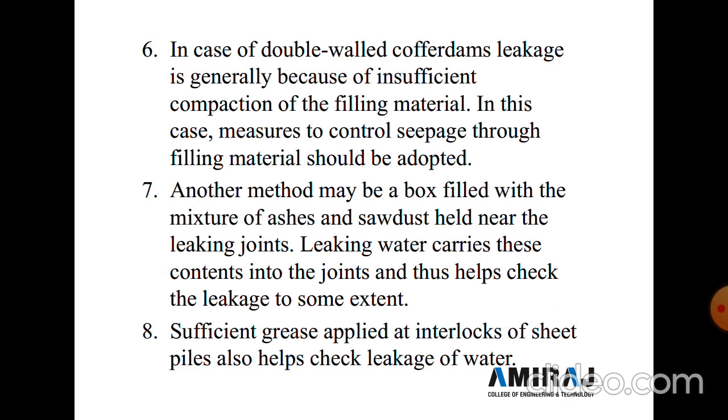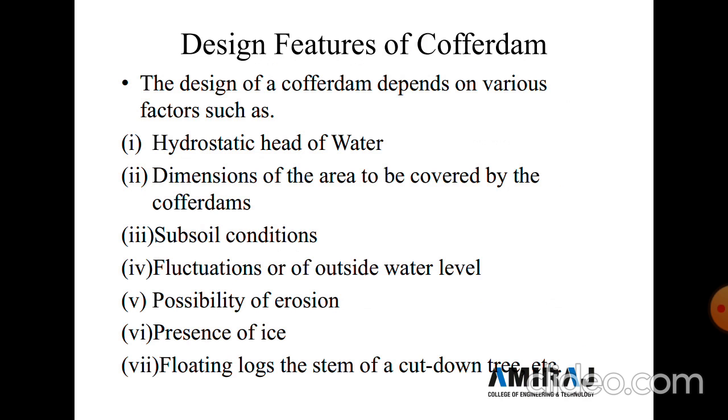Another method may be a box filled with a mixture of acids and sodas held near the leakage joint, and the leaking water carries the content into the joint and thus helps check the leakage to some extent. And sufficient grease applied at the interlocks of sheet piles also helps to check the leakage of water.